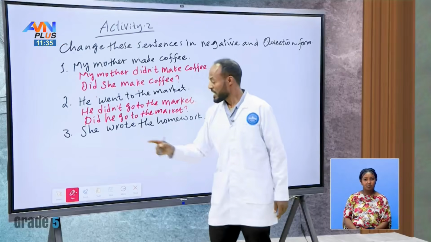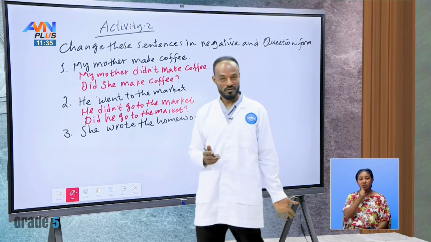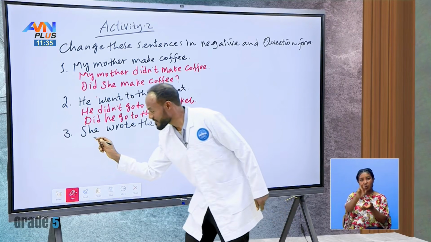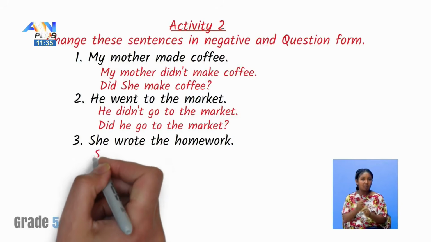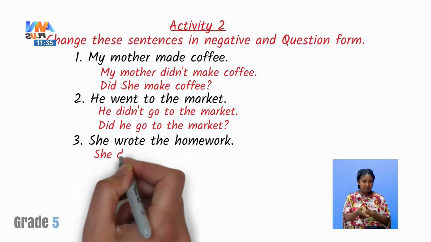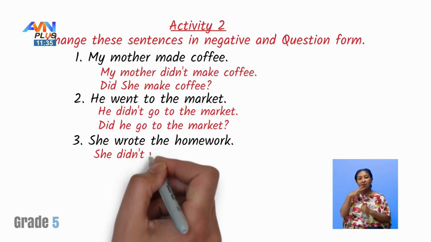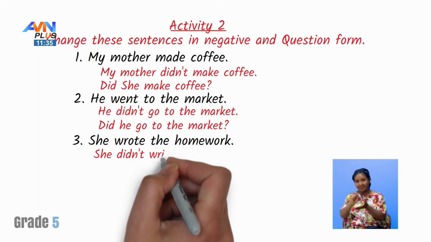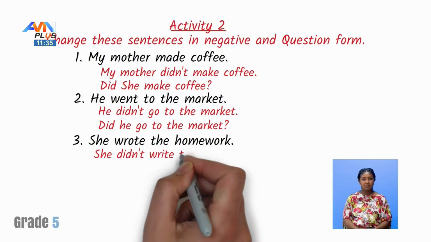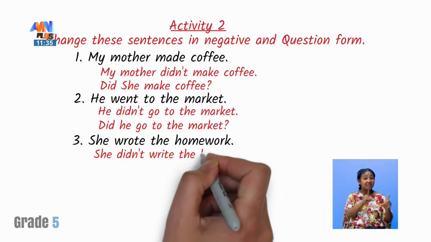Question. She wrote the homework. We have to start from what? She, then didn't. What about the base verb form of wrote? Write. She didn't write the homework.